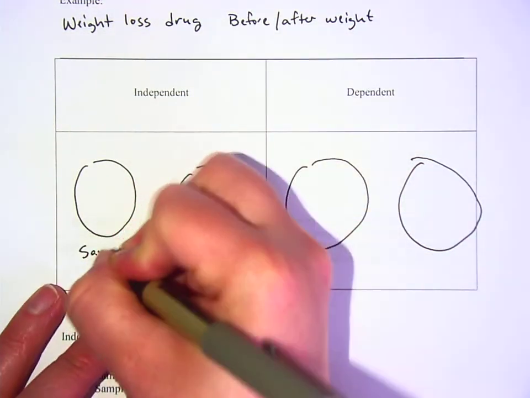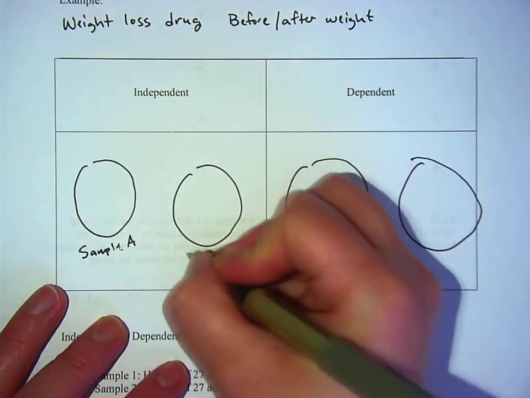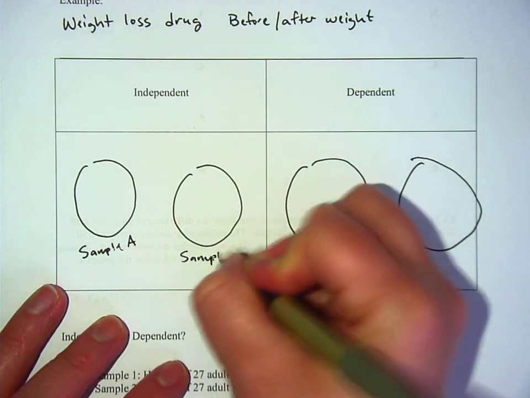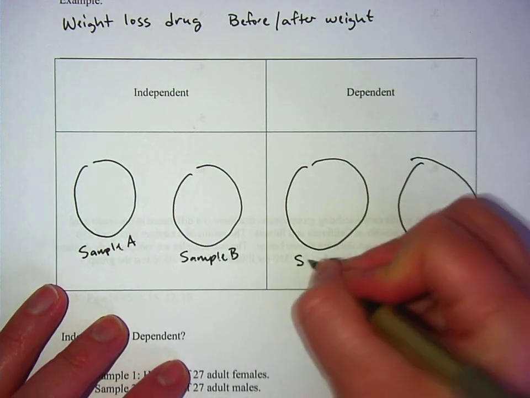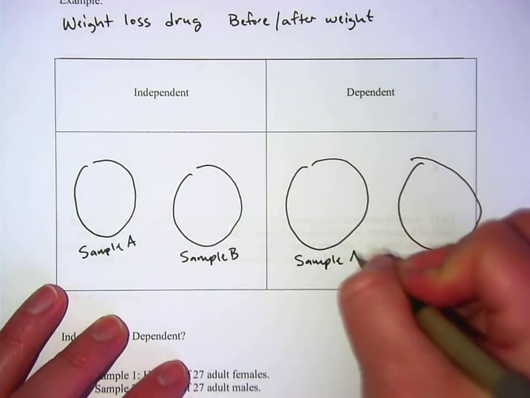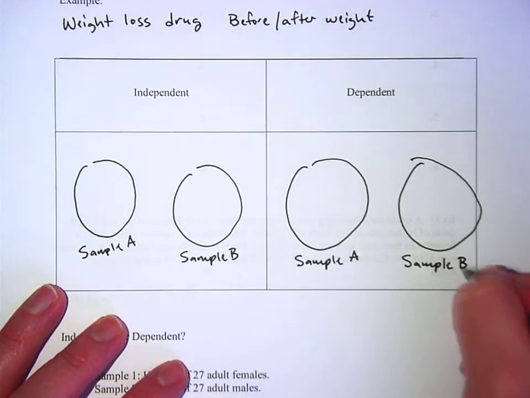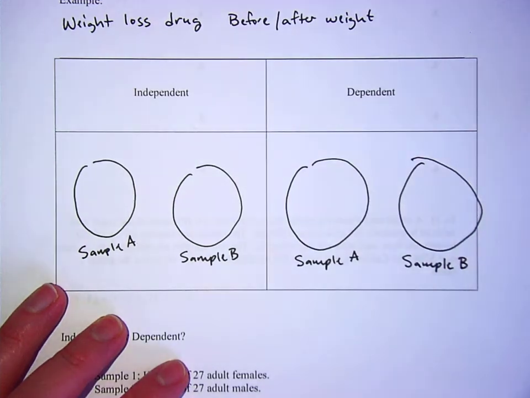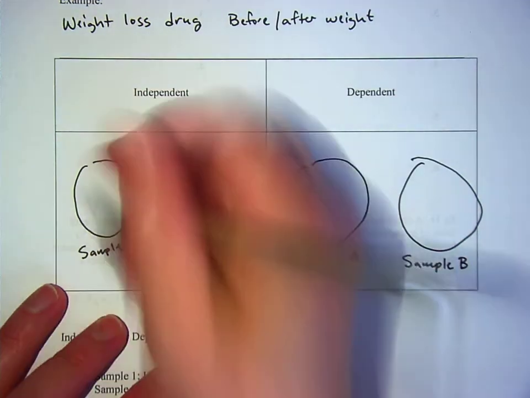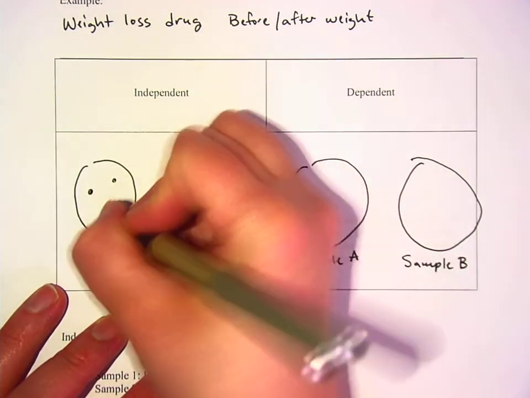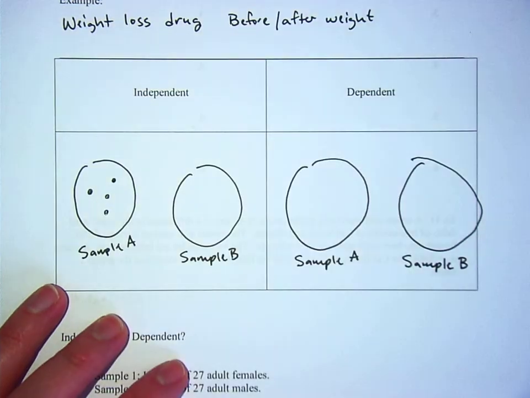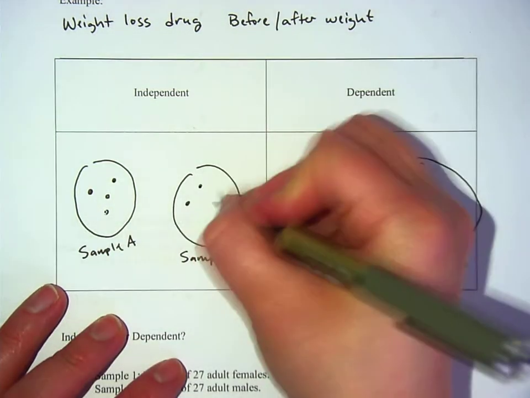This is sample A, sample B. Maybe you have a few numbers in your sample here, and this one's sample B, maybe you have a few numbers.